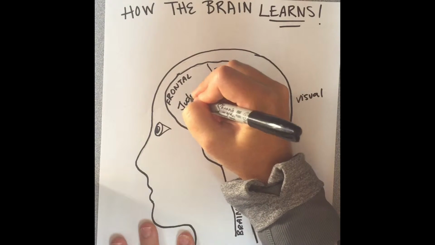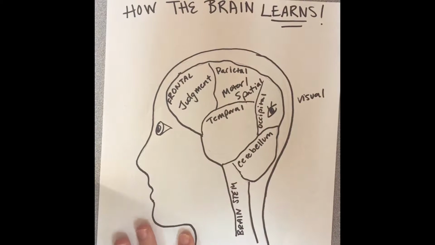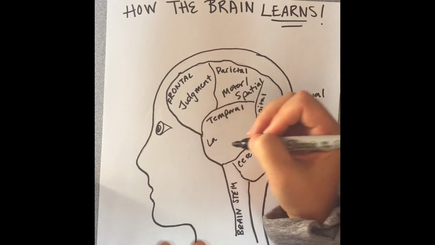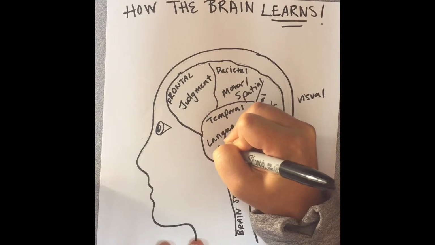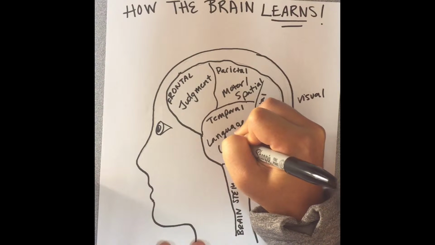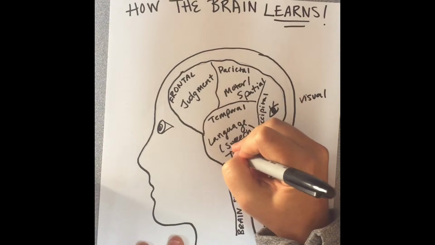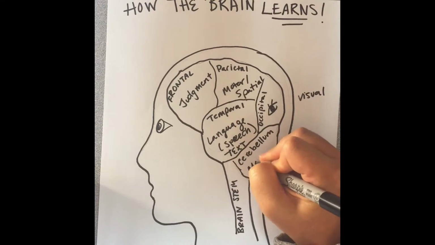This is the one that really affects a lot of our students because their judgment isn't fully developed until the age of 25. And then this is more of language processing, so speech, or words and text. And then the cerebellum and movement.